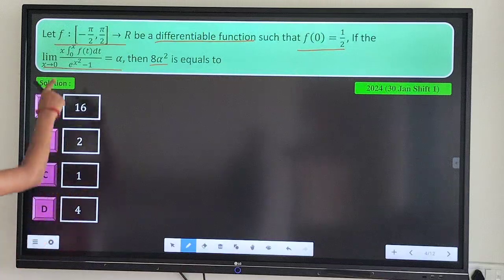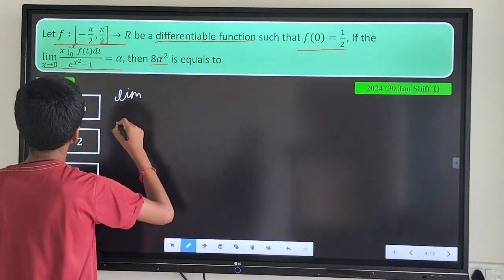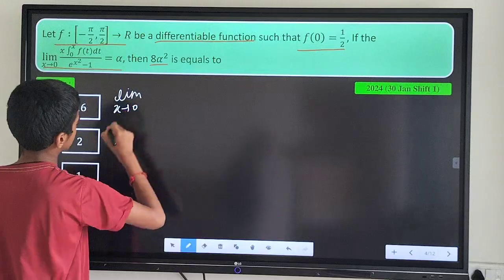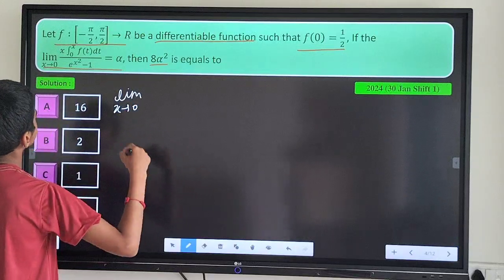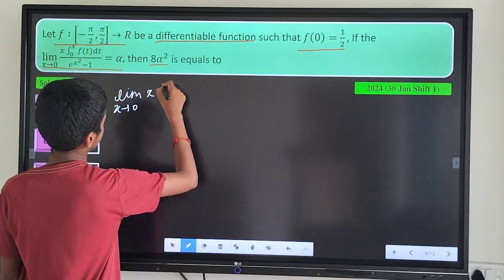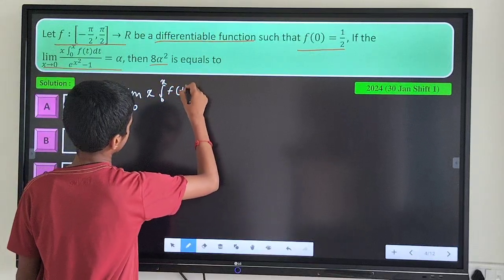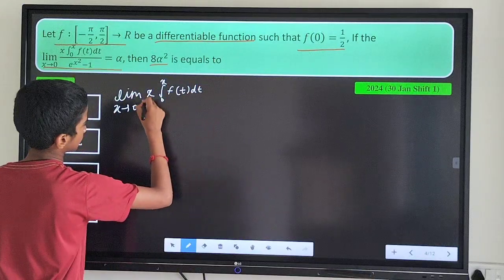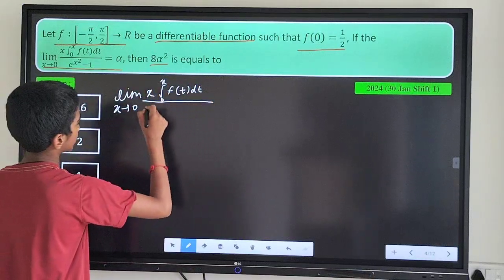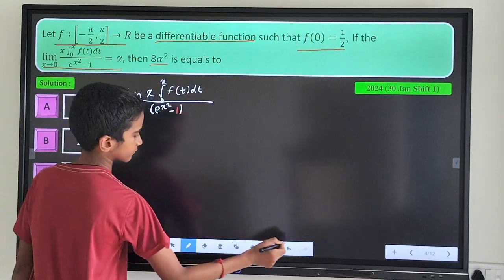Now to solve this question, let's write the first limit. We will get limit of x tends to 0 of x integral of 0 to x f of t dt upon, now here we have denominator as e raised to power x square minus 1.